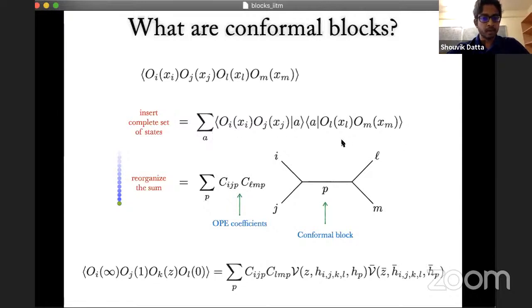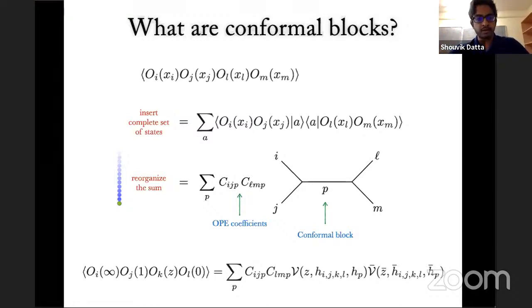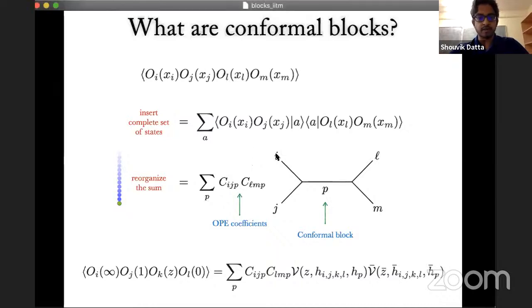In conformal field theory, the states are organized into primaries and their descendants, so we can reorganize this sum into a sum over irreducible representations, which are the primaries. Then you have a sum over conformal blocks, which contain the position dependence of where these operators are located, weighted by the OPE coefficients.